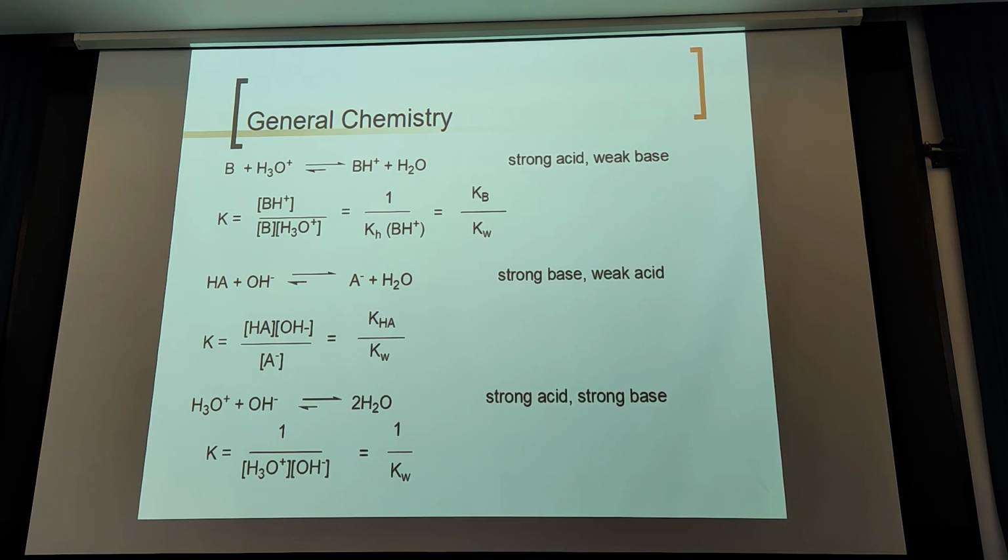If you look at this, this is the reciprocal auto-ionization equilibrium constant of water. It's 1 over Kw, or in other words, at room temperature, 10 to the 14th. That means completely to the right. And that's of course what we expect. So if you have a strong acid and a strong base, the reaction will be totally complete.